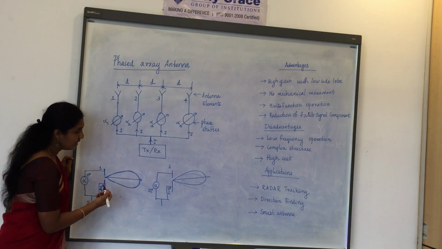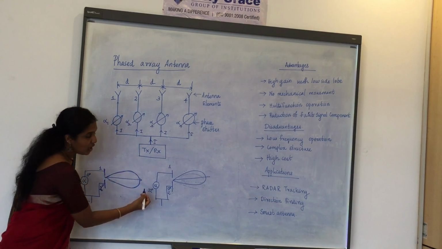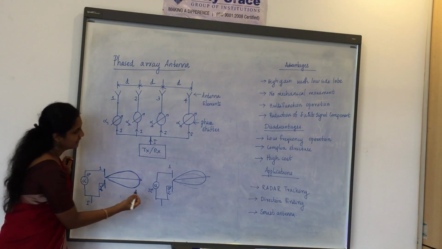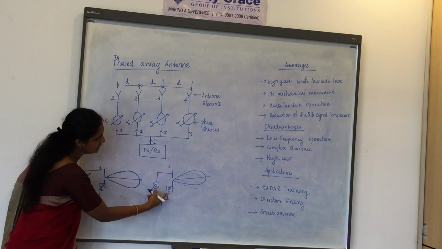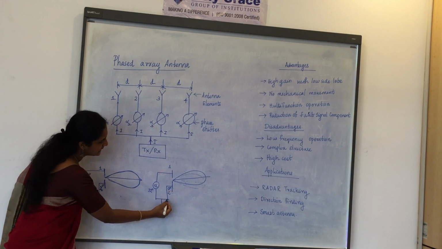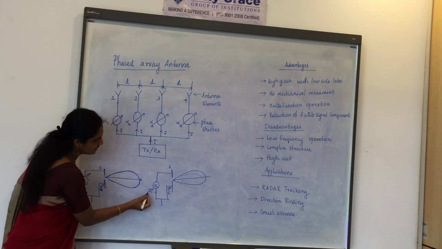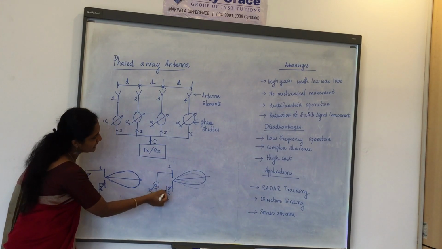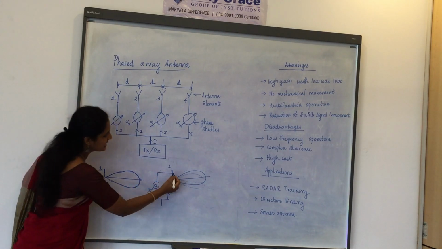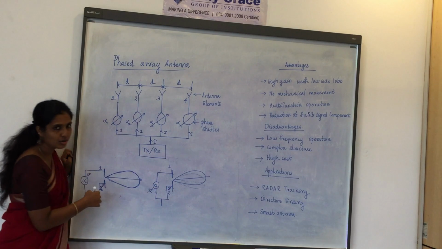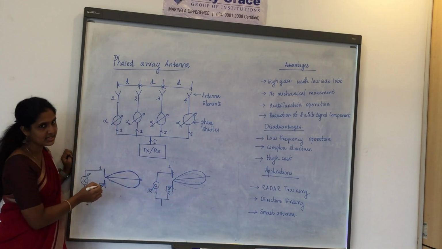In beam steering, in our phased array, what we do is change the phase of the current. Considering antenna 2 again, we have given a current with a phase shift of 0 degrees. Then to antenna element 1, we have given a current with a phase shift of 22 degrees. So there is a phase difference between these two currents. Due to this, the antenna beams of this one and this one change, adding these two beams constructively and destructively.